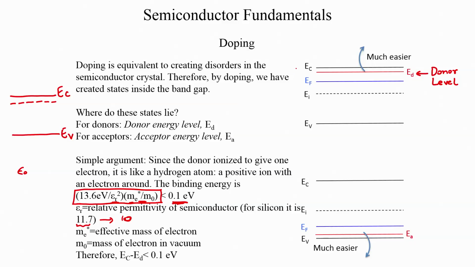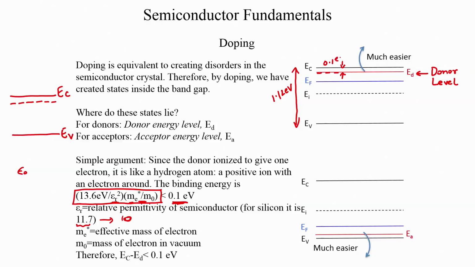So in the case of silicon, your band gap is about 1.12 electron volts, and this donor dopant has led to the creation of states inside the band gap, and those states are located at around 0.1 or in fact less than 0.1 electron volt.